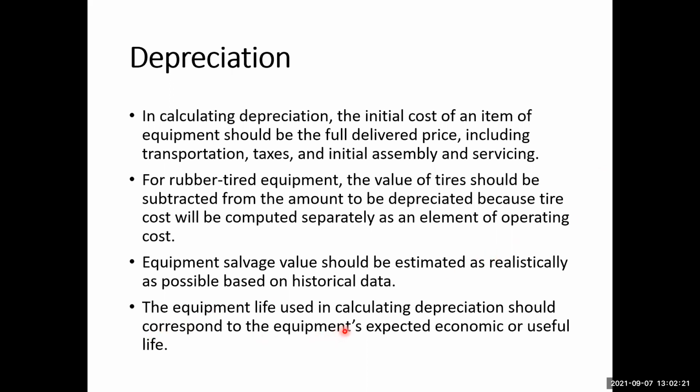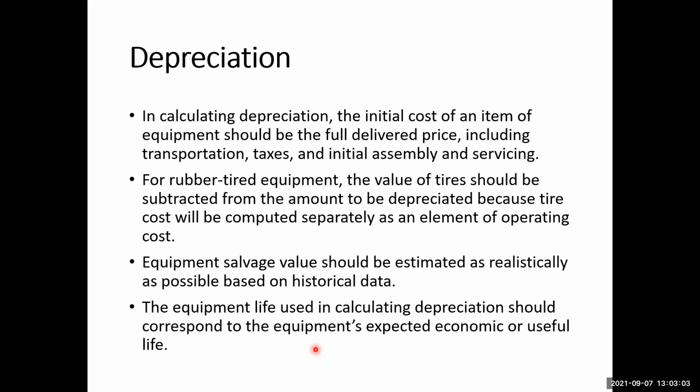The equipment life used in calculating the depreciation should correspond to the equipment's expected economic or useful life. Of course, you can use an equipment for a prolonged period of time. For example, if a crane or an excavator is purchased for construction, it may be used for quite a long period of time, but its economic life may not be as long as the equipment's own life.